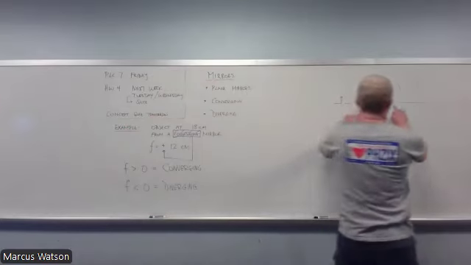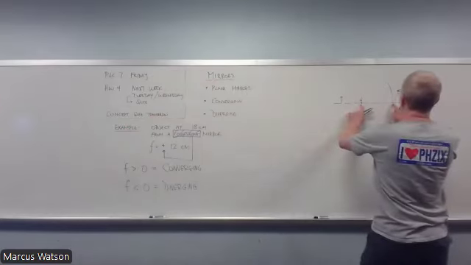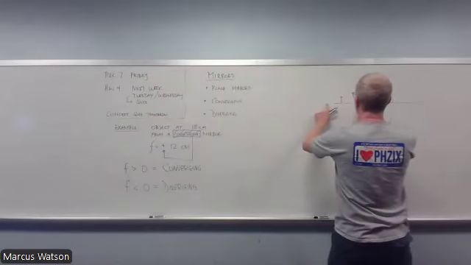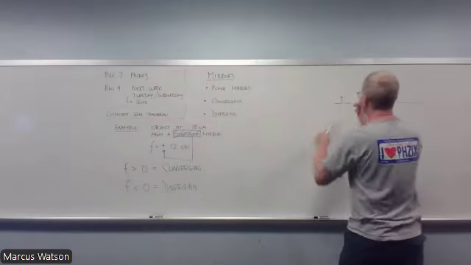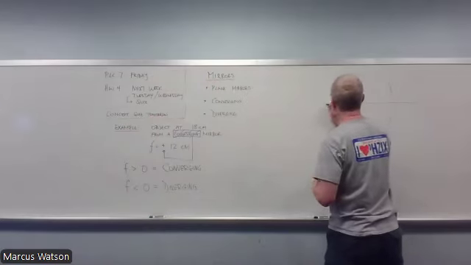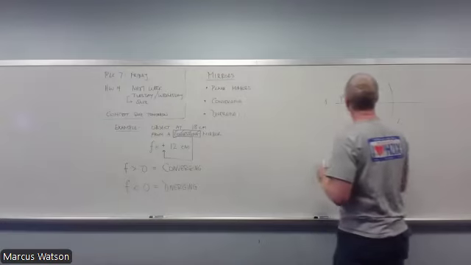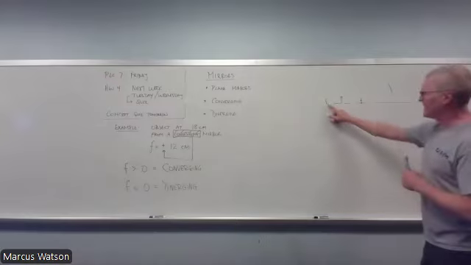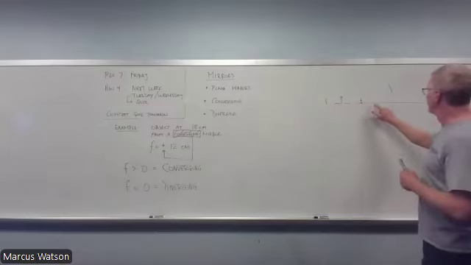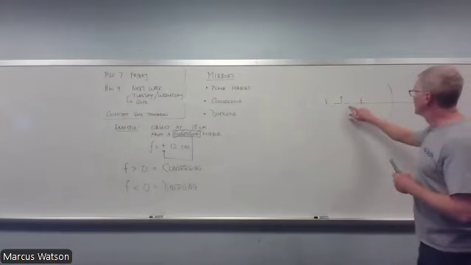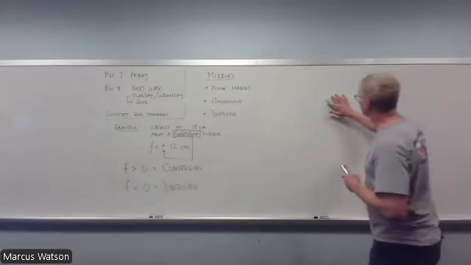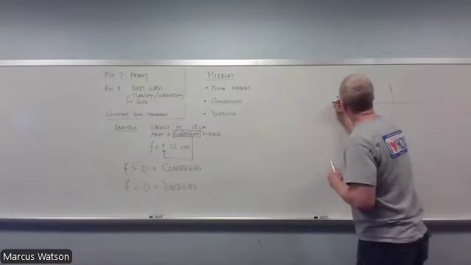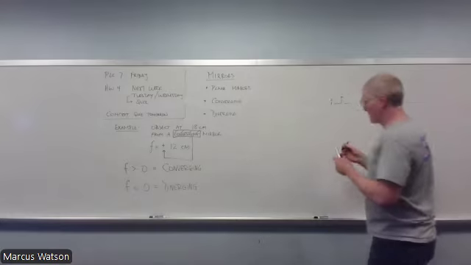If I'm careful, I can find where it is. It should be right about there or so. About 2 times the focal length should be the center point. I missed it. It should be more like here.